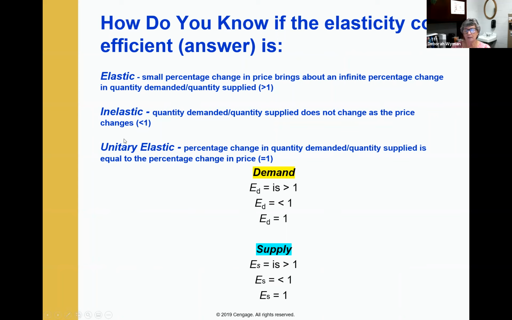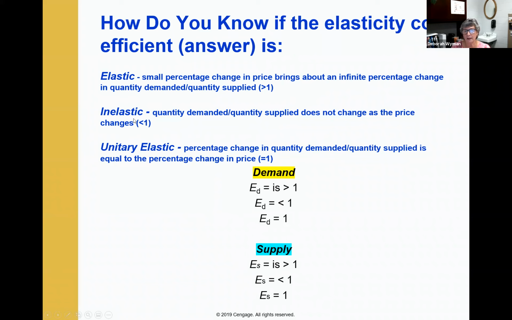Okay, so how do you know if the elasticity coefficient, or the answer, is elastic, inelastic, or unitary elastic? If it's elastic, a small percent change in price brings about a large percent change in quantity demanded or quantity supplied. So the answer to the calculation will be greater than 1. If it's inelastic, quantity demanded or quantity supplied does not change much as the price changes.